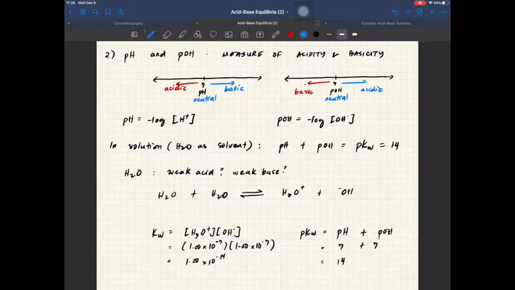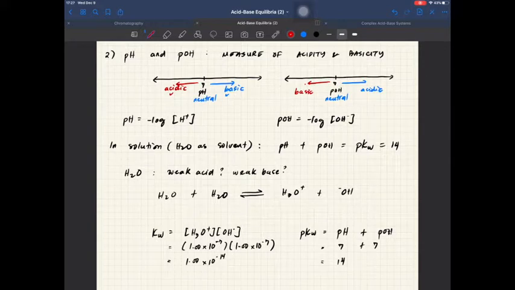pH and pOH are the measure of acidity and basicity. The following diagrams show the relevance of pH and pOH in acidity and basicity. Any compound that has a pH value greater than 7 is said to be basic, and any compound that has a pH value less than 7 is said to be acidic.